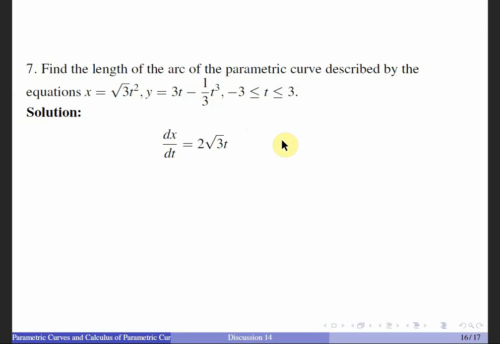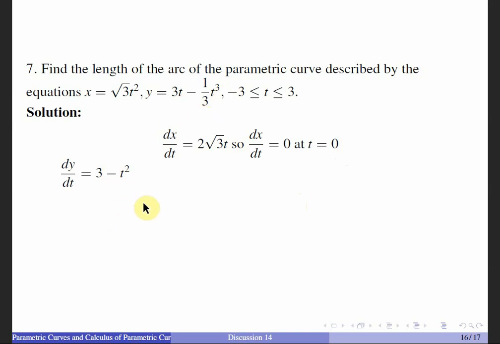So we want to show that the arc is smooth, or the curve is smooth in the interval. So let's derive. So dx over dt is 2 square root of 3 t, and this derivative is equal to 0 when t is equal to 0. And then we have dy over dt, so you have 3 minus t squared.